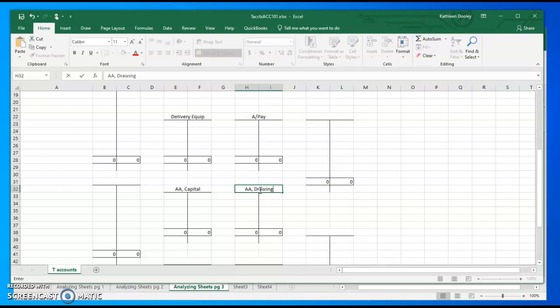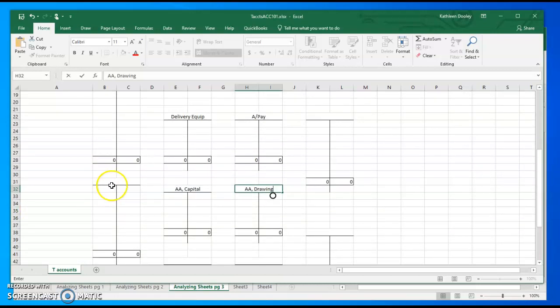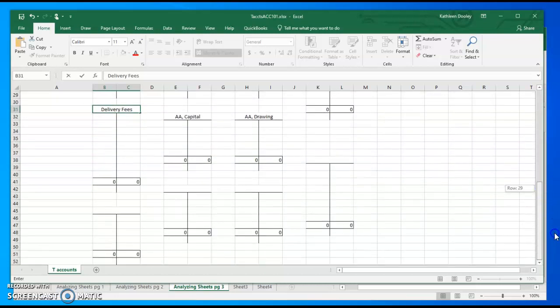And then we've got our delivery fees. So let's see what all we've got here. Okay, put delivery fees over here. And we've got wages, rent, and telephone as our expenses.